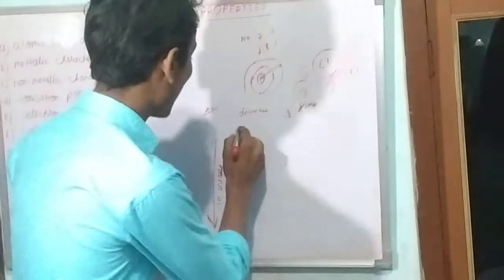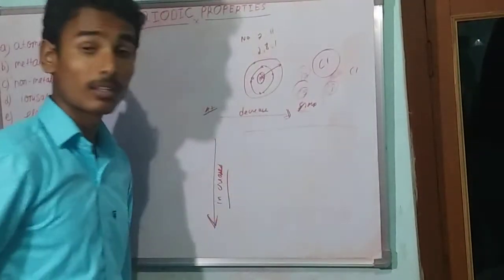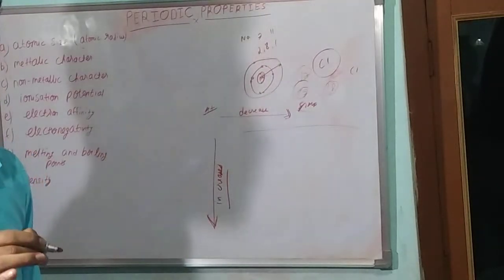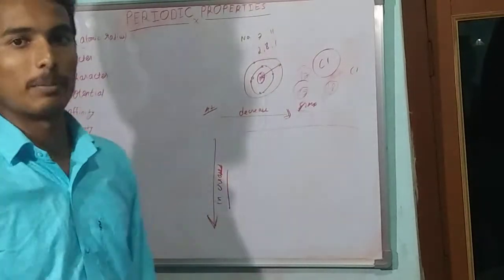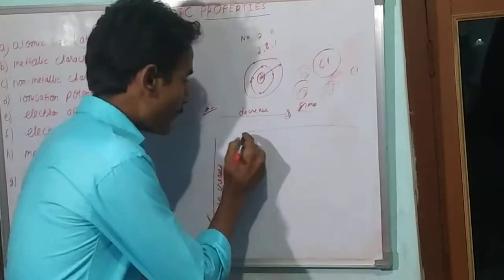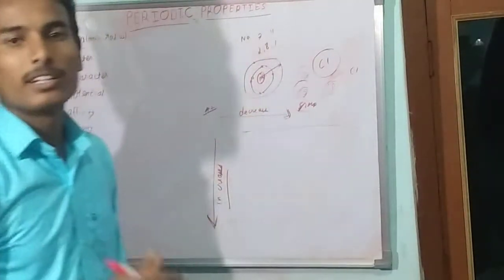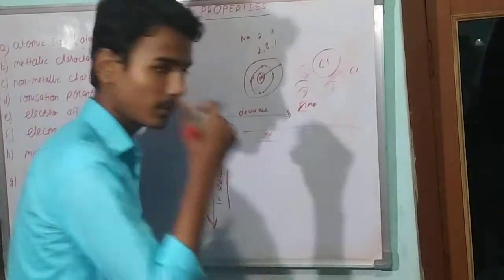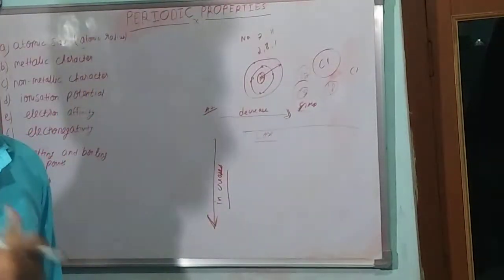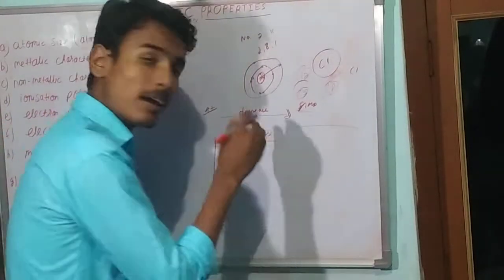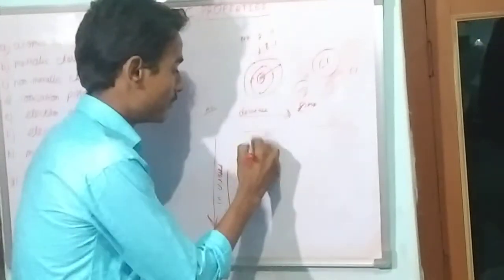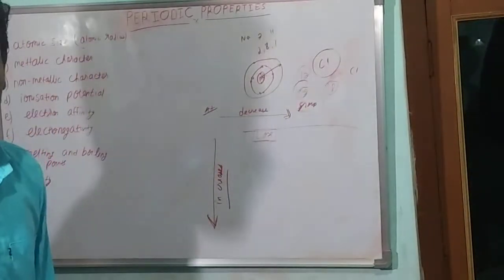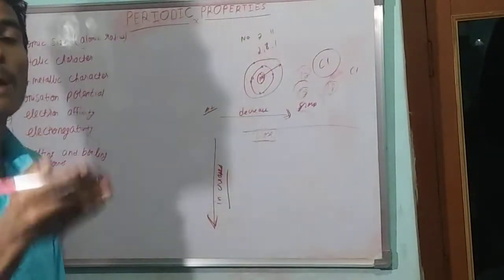One more important thing is about the parent atom in the case of metals and non-metals. An element which loses electrons, mainly metals, is smaller than the parent atom.